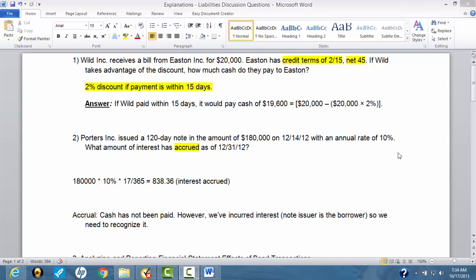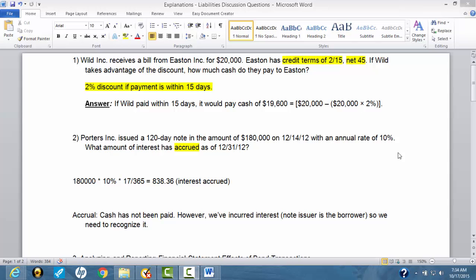These are all examples of non-current or long-term liabilities. So let's start off with Wild Incorporated, which receives a bill from Eastern for $20,000. Eastern has credit terms of 2/15 net 45. If Wild takes advantage of the discount, how much cash do they pay Eastern? So Wild has an obligation to make payment to Eastern, and let's assume Eastern is a supplier.